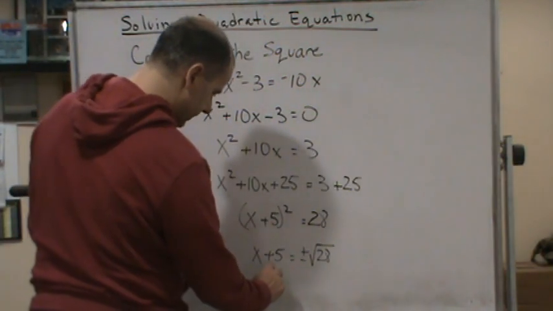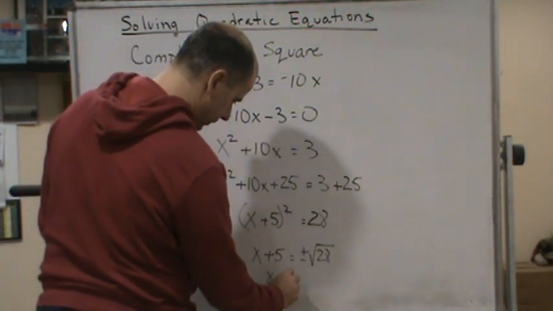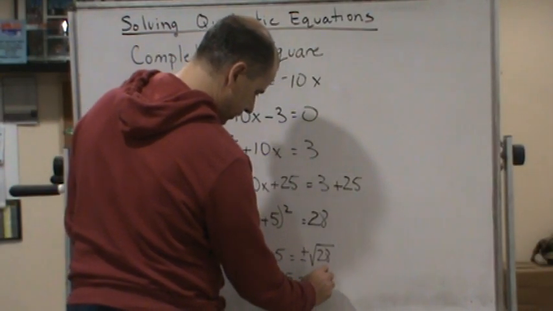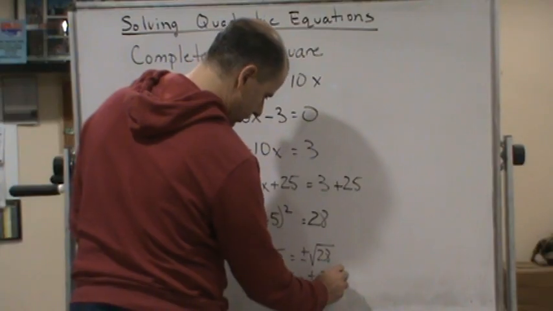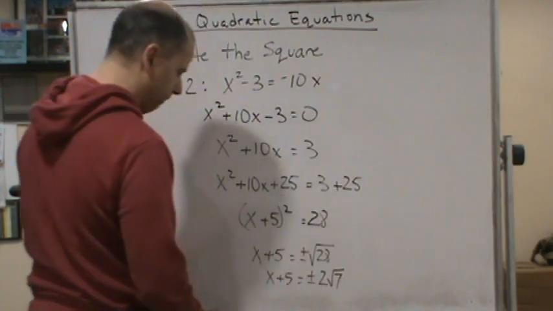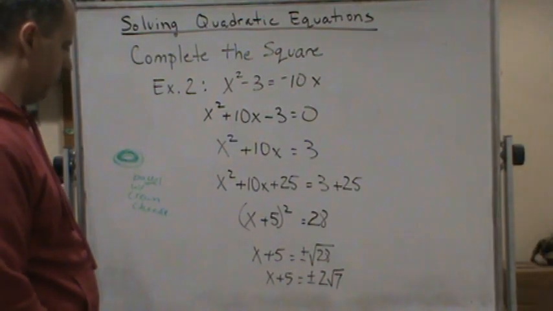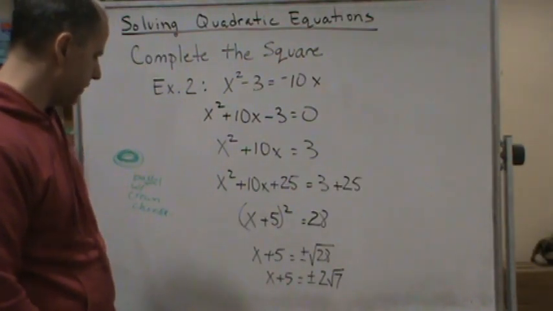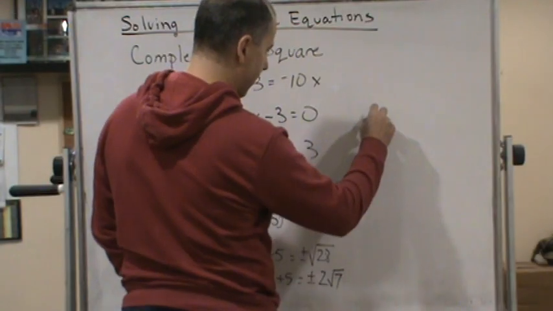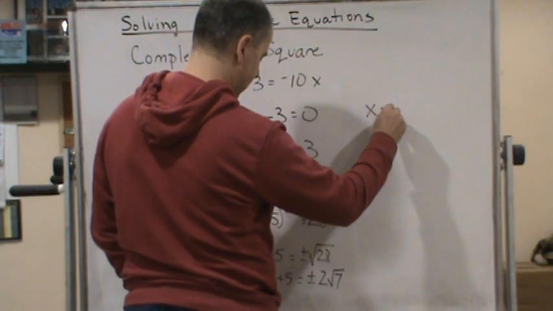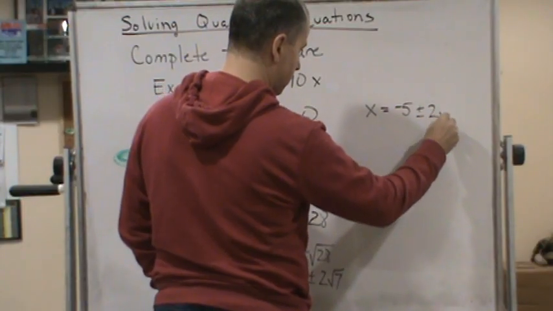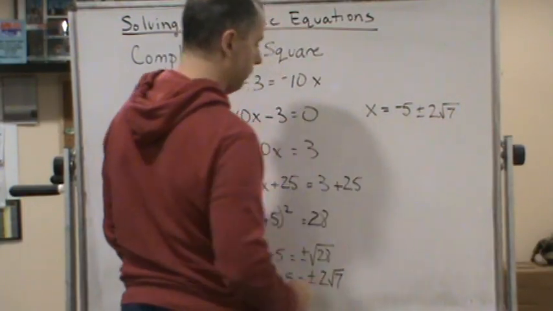So I can write this as x plus 5 equals plus or minus 2 times the square root of 7. And then all I have to do is subtract 5 from both sides. And my final answer is x equals negative 5 plus or minus 2 root 7.